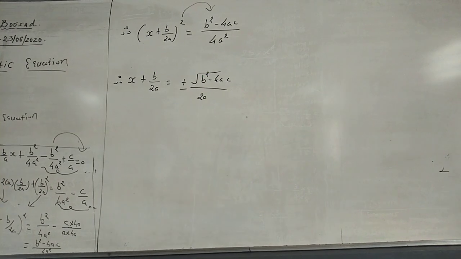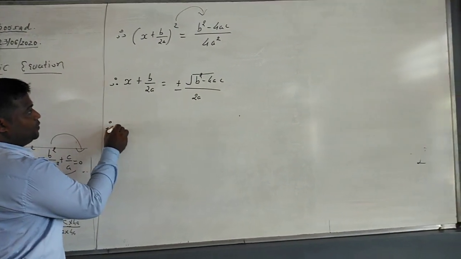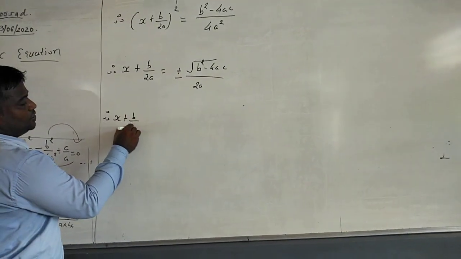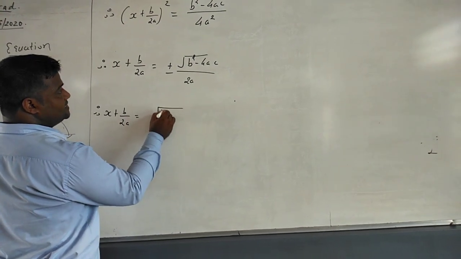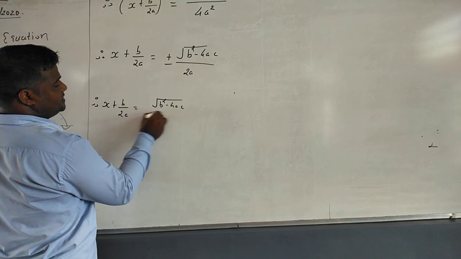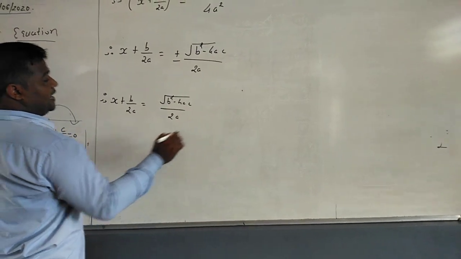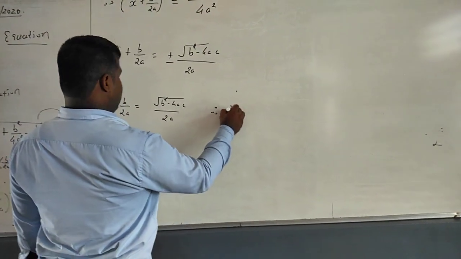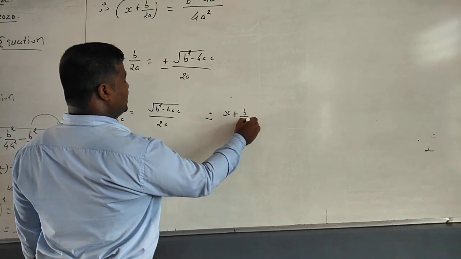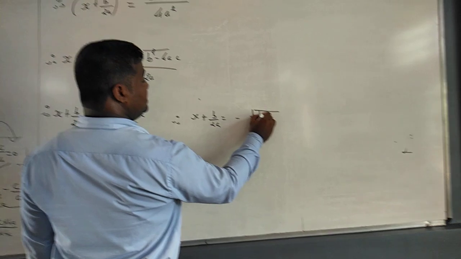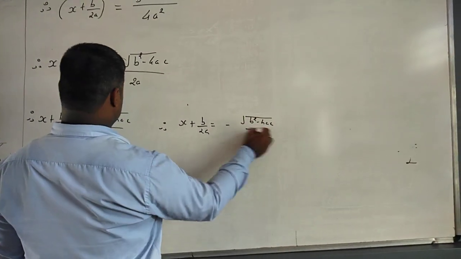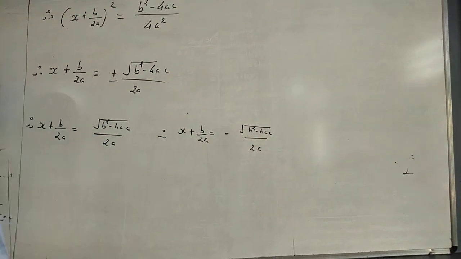Now one root is x + b/2a equal to the positive √(b² − 4ac)/2a, and another time x + b/2a equal to the negative √(b² − 4ac)/2a.